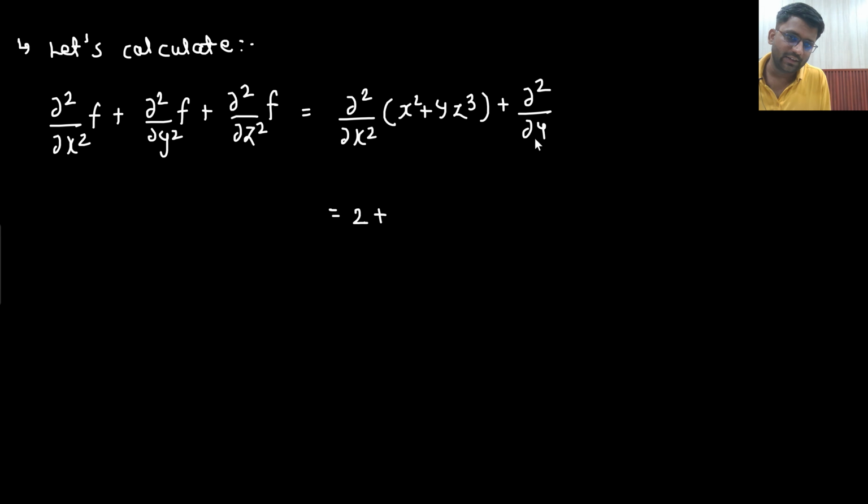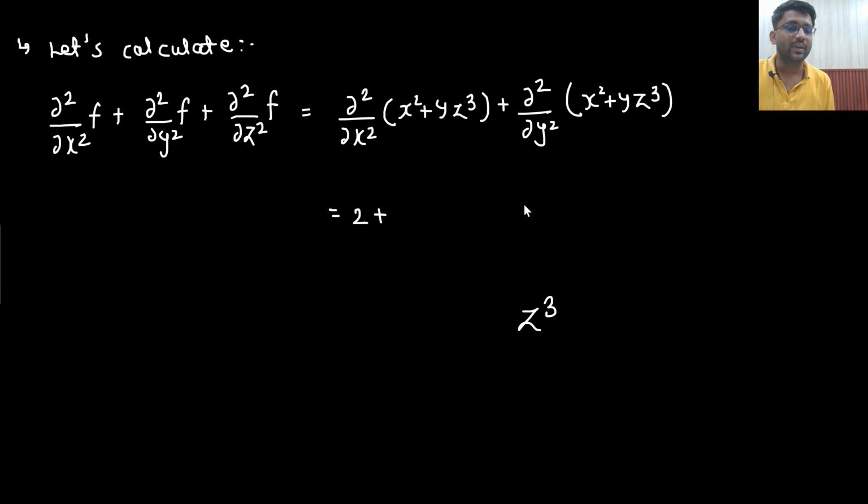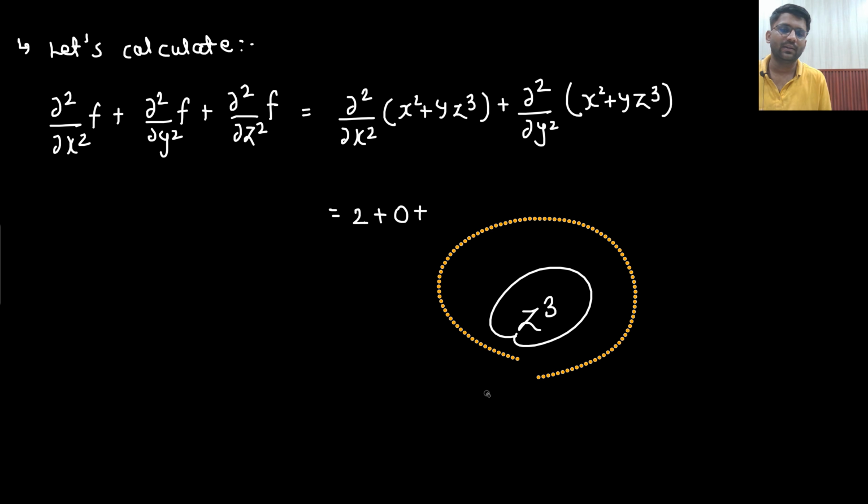You need to partially differentiate this particular function, which is x square plus yz cube, with respect to y twice. When you differentiate for the first time, what you will be getting? With respect to y I am differentiating, so I will get z cube, because y will be a constant value. And then again you need to partially differentiate with respect to y only. What answer you will get? 0. Because z cube will be a constant value, right?